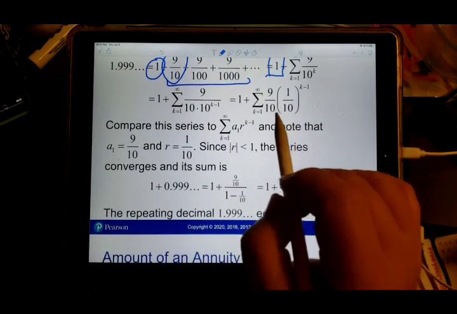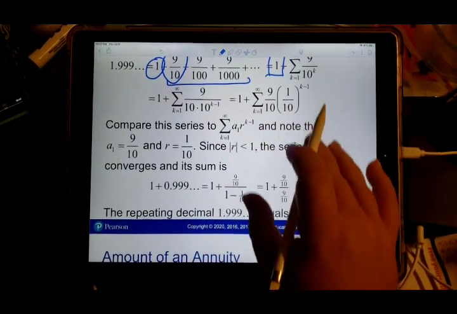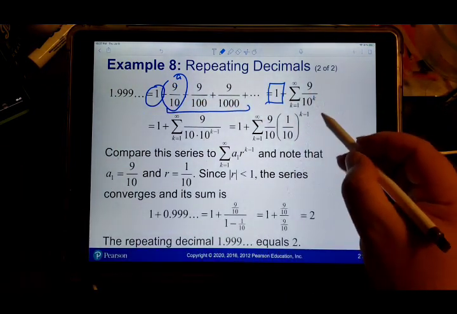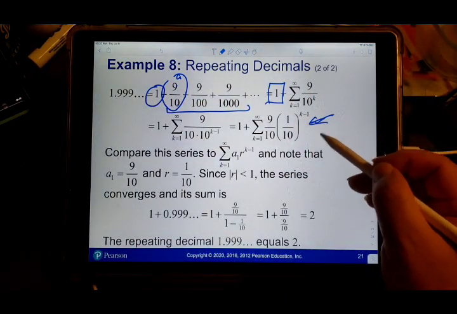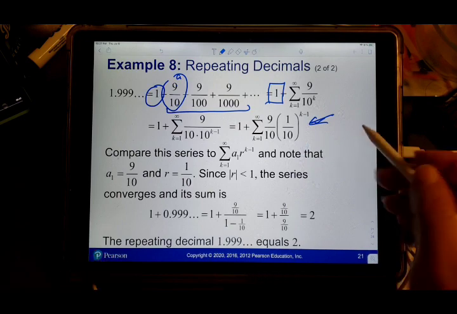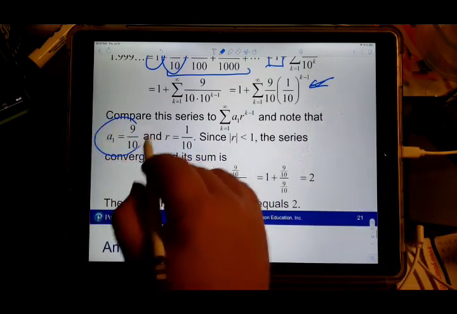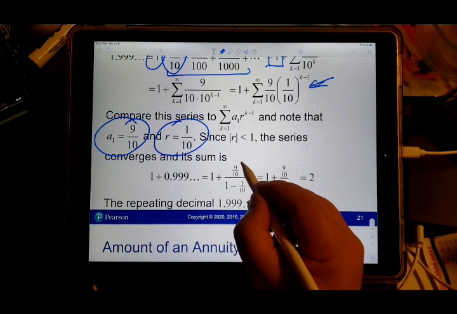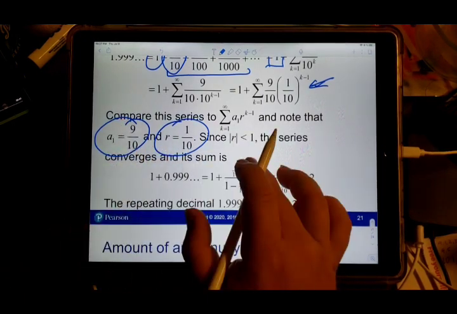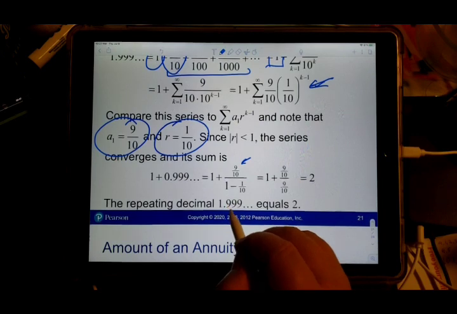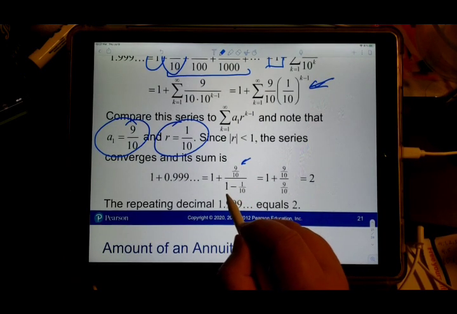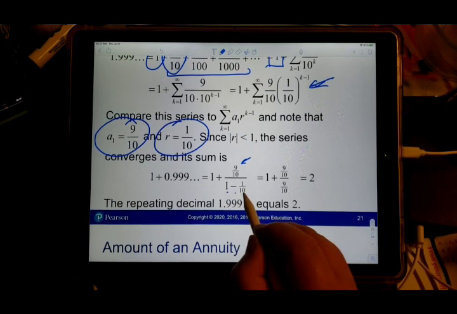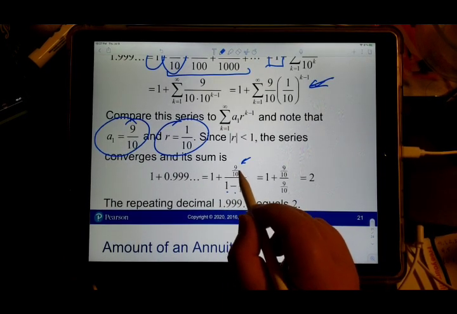So to answer this question, I don't really see any point to doing all of this here, other than just to show you the notation. To answer the question, we want to take A1 and put it here in the formula, and we want to take R and put it here, 1 minus R. So hopefully you see it.